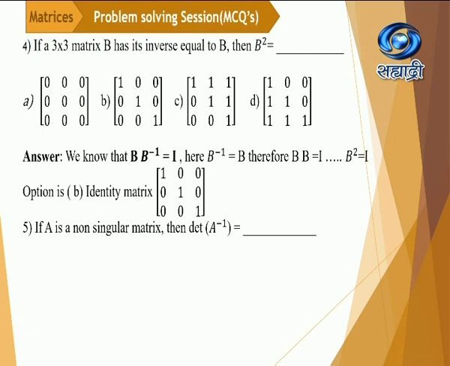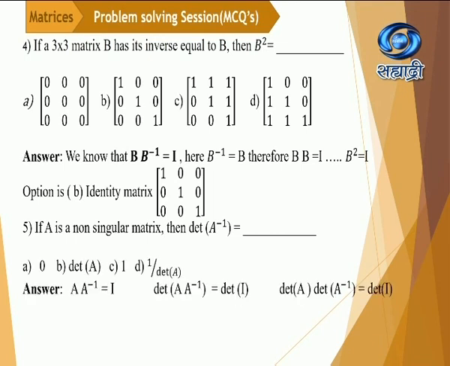If A is a non-singular matrix, that means determinant A is not equal to 0, then find determinant A inverse. Let us see. We know that A into A inverse equal to identity. Apply determinant on both sides. Determinant of A into A inverse equal to determinant of identity.